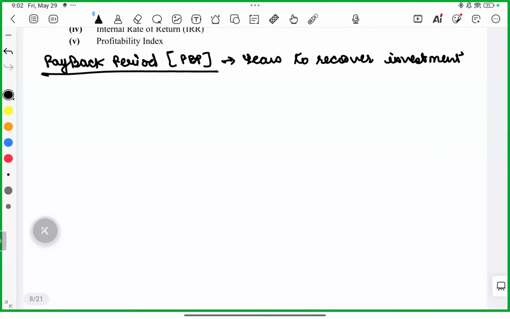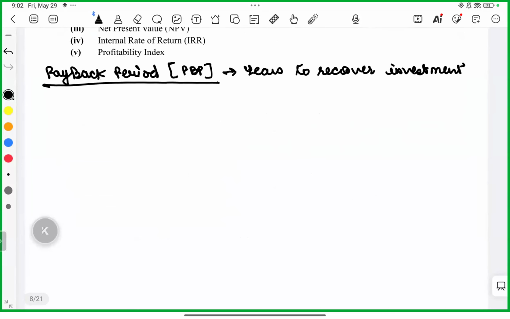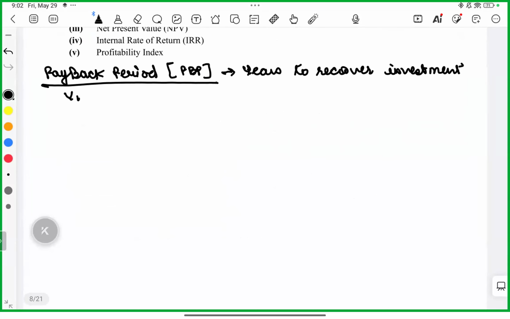So if you see this example, you are investing 1 lakh. So in how many years will your 1 lakh come back? It is as simple as that. So here, how will you calculate payback period? Here, you are given cash flows for 5 years. Year 1, 2, 3, 4, 5.